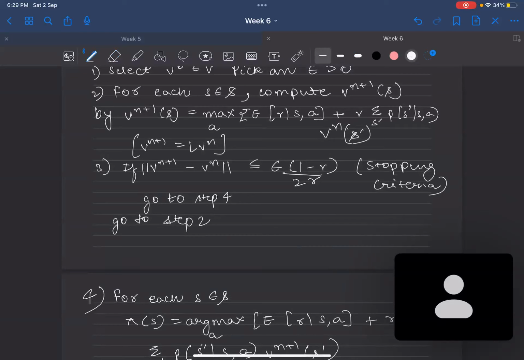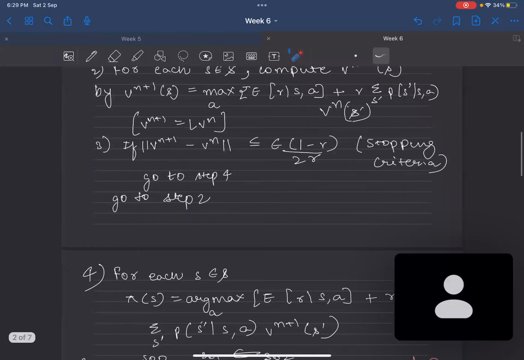You are saying that if it has converged, after this condition is satisfied, we are sure that it's epsilon close to that, because we have taken this condition. We are not saying that it is equal, but we are sure that it's epsilon optimal. No, that's not my question. My question is, in step 4, we are calculating a pi based on Vn, right?